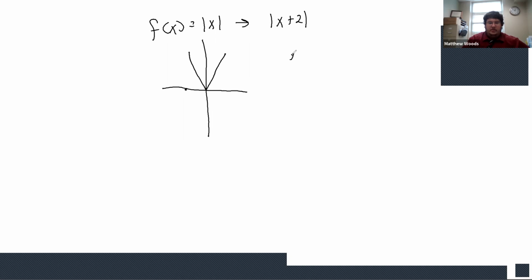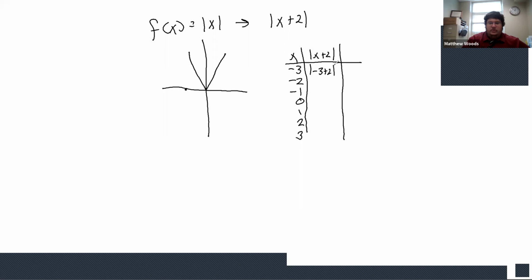Does that happen? This one's going to be a much smaller one to do. Negative 3, negative 2, negative 1, 0, 1, 2, 3.